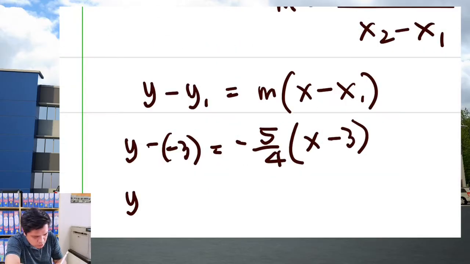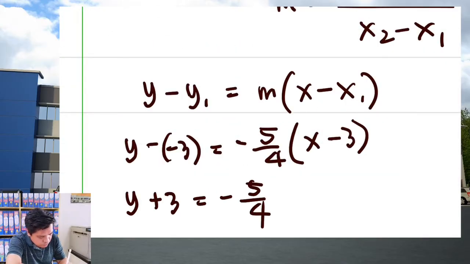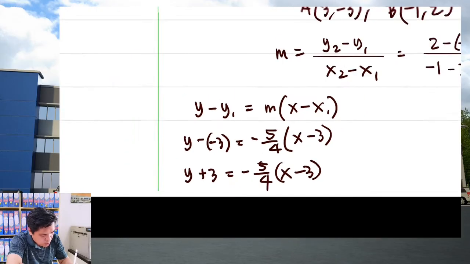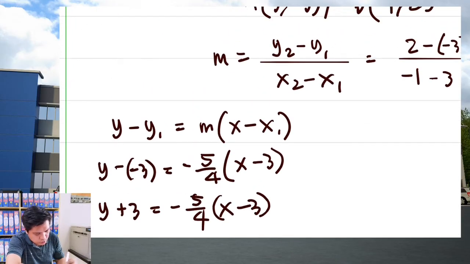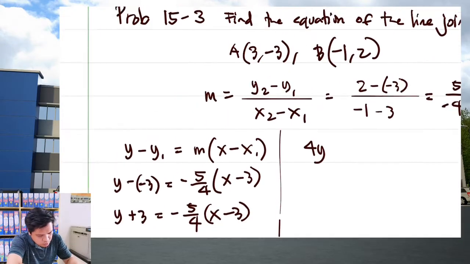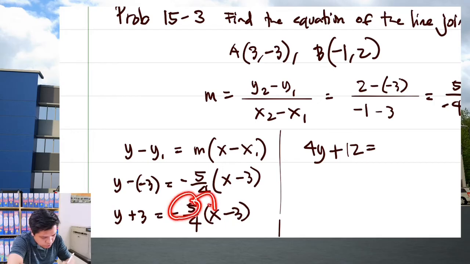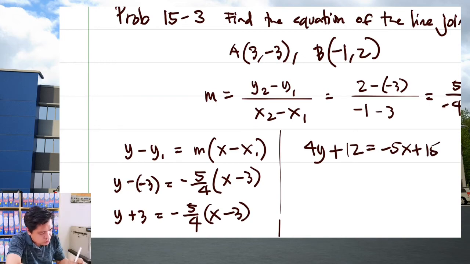It would be y plus 3 equal to negative 5/4 times x minus 3. So, transposing this to the other side, that would become 4y plus 12 equal to, let's distribute negative 5 here, so that would become negative 5x plus 15.